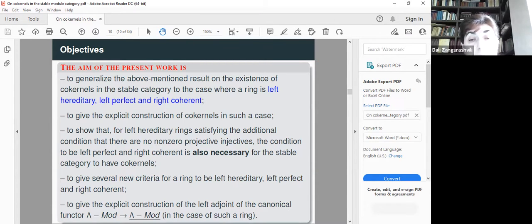The existence of this adjoint was established in the previous work, which was joint with Alex. We actually proved that such a left adjoint exists if and only if a ring is left hereditary, left perfect, and right coherent. But again, we did not give the explicit construction of this adjoint, and we will do it in this work.